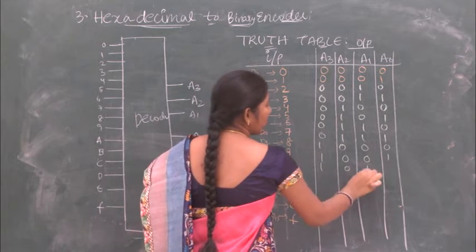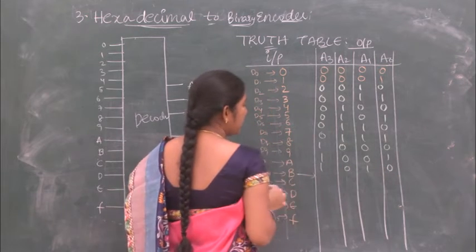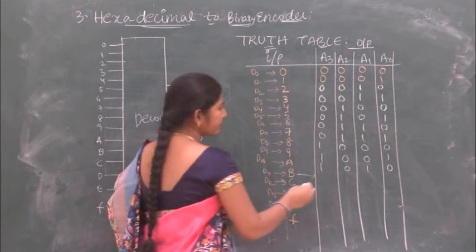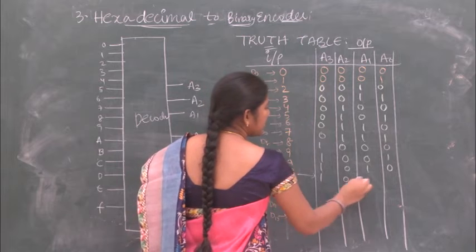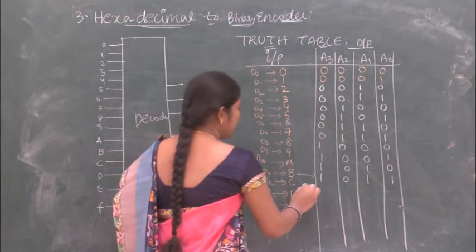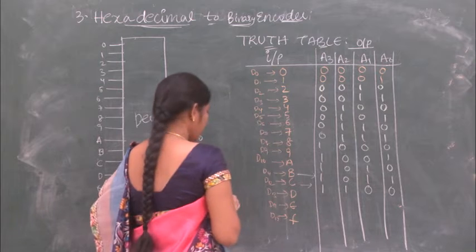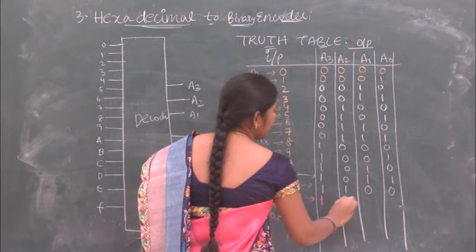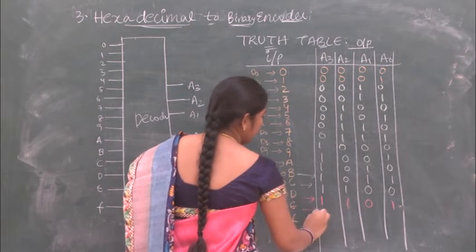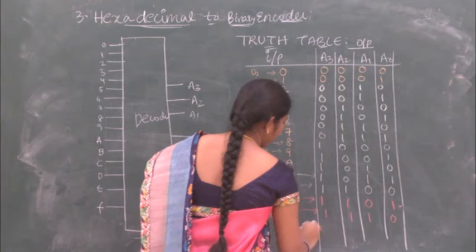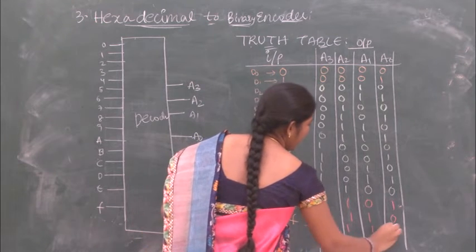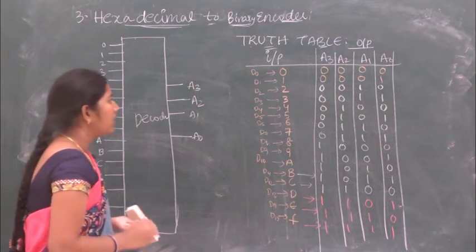A is 1, 0, 1, 0. B is 1, 0, 1, 1. And C is 1, 1, 0, 0. D is 1, 1, 0, 1. E is 1, 1, 1, 0. F is 1, 1, 1, 1. Right?